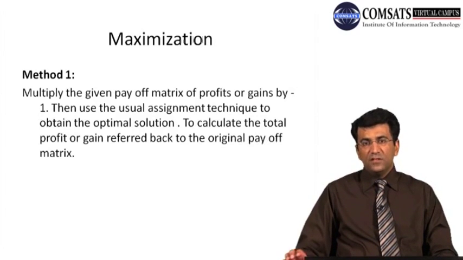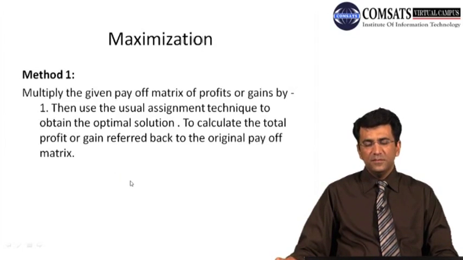Then again we will check these rows and columns one by one in order to assign the different zeros. And after that, if the optimal solution is not obtained, we will again use ticking, and then we may be able to find the optimal solution. So after this first step, the rest of the steps will remain the same. So this is the first method.